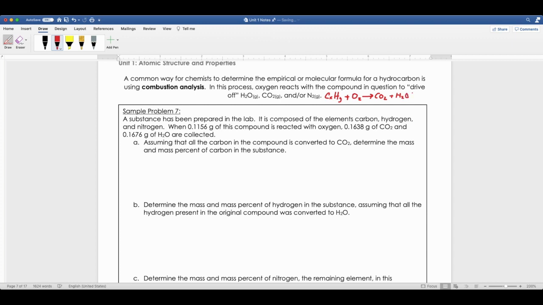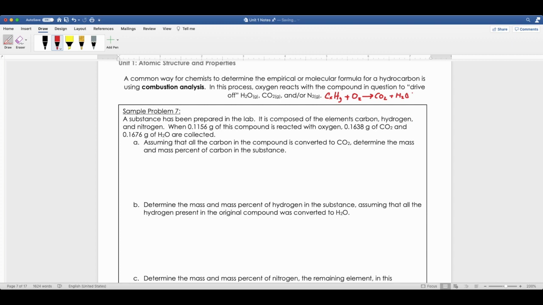So knowing how much carbon dioxide is produced and how much water is produced, we can figure out what is the empirical formula of the hydrocarbon. And that's what we're going to do in this particular example here.